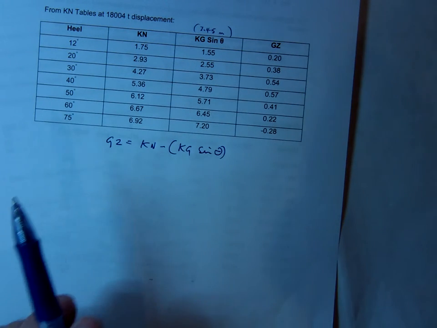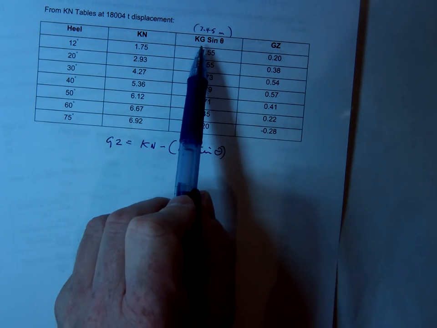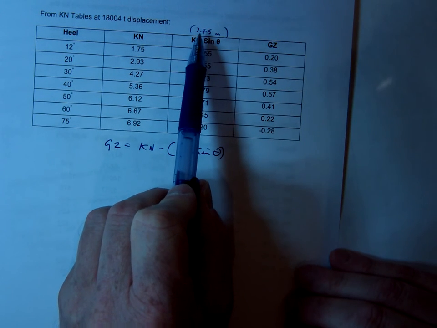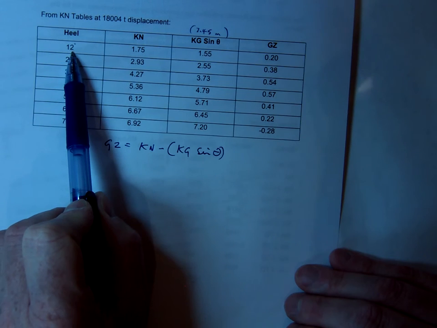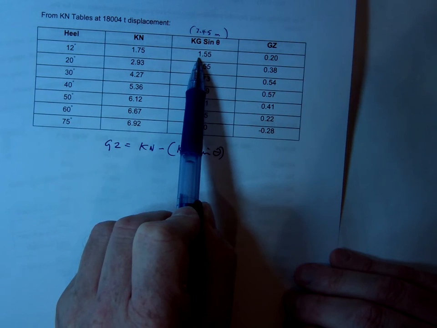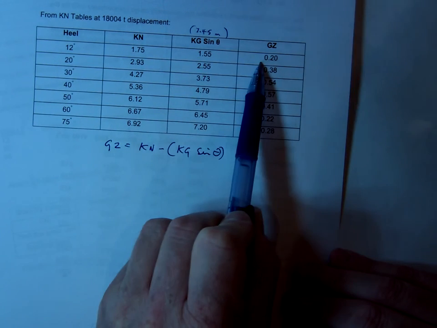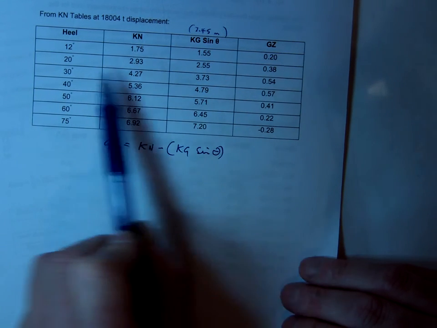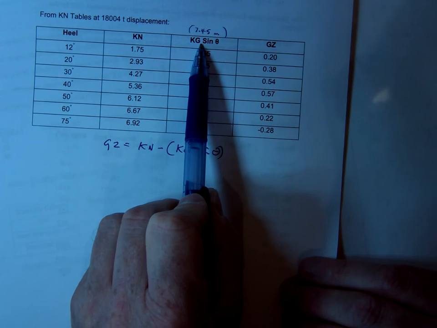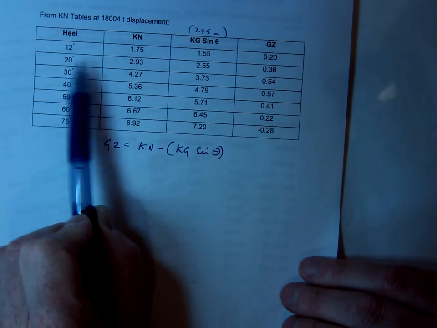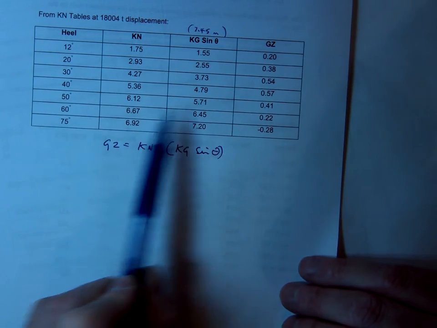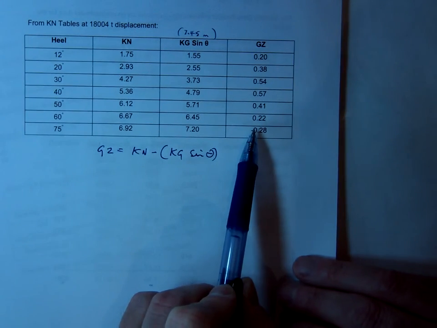So we've got the various KN values. So here we'd say KG, which is final KG of 7.45 multiplied by sine of 12 degrees gives us that value. Subtract it from the KN, and that gives us the GZ at 12 degrees. GZ at 20 degrees, 30, so again KG, so that'll be 7.45 sine 20 degrees, 7.45 sine 30, and so on and so on. And then we write down all the GZ values.